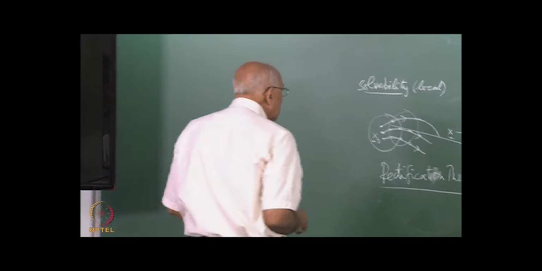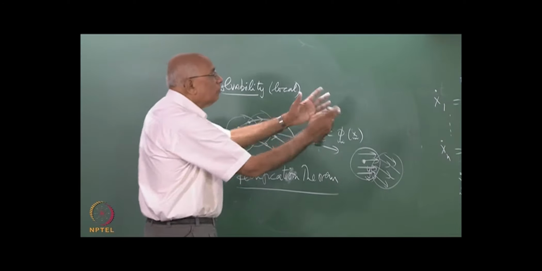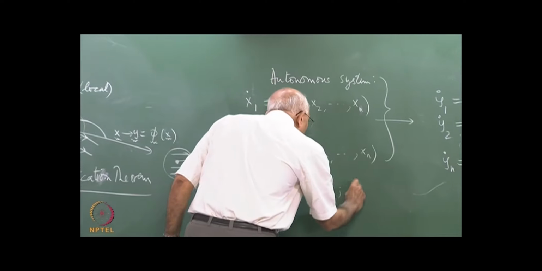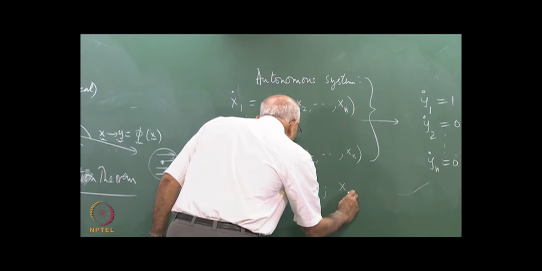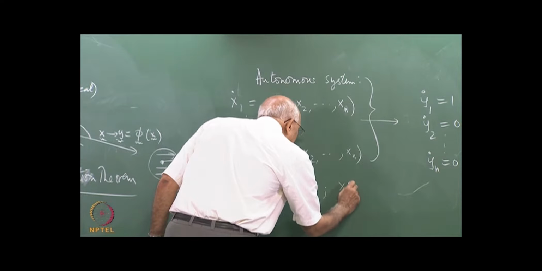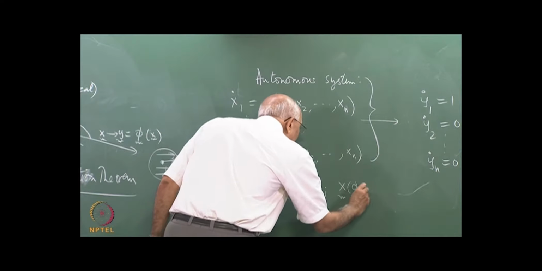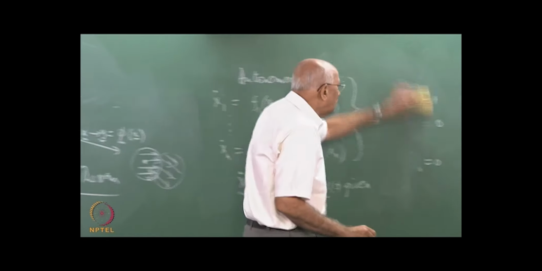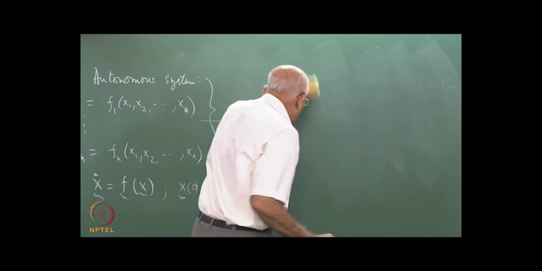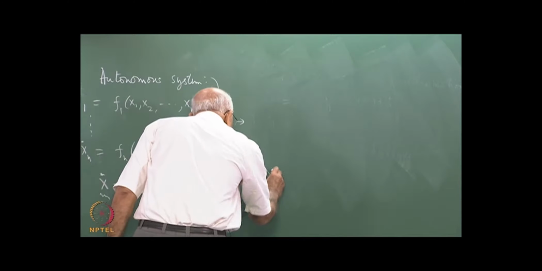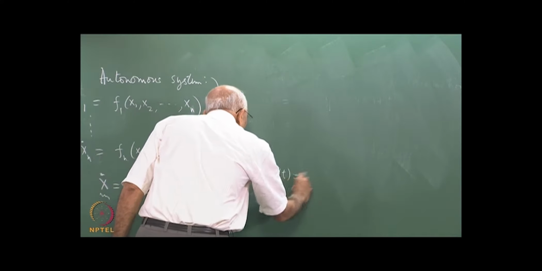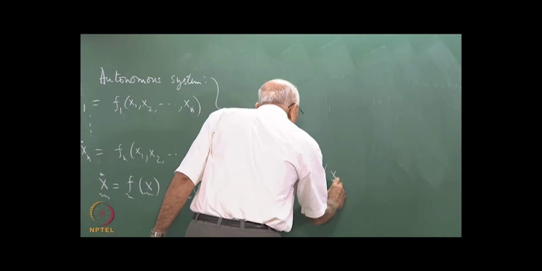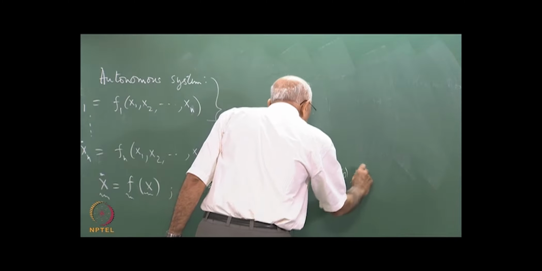Why is it that this does not imply that I can once and for all solve this set of equations and write, once you give me some initial value x of 0 given, x of t equal to some known function which I can write down explicitly of x of 0 and t?